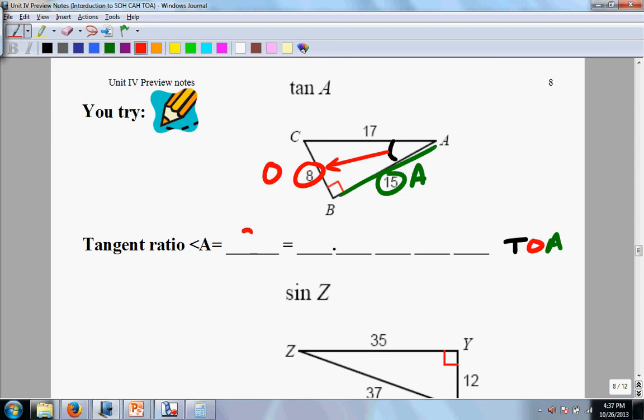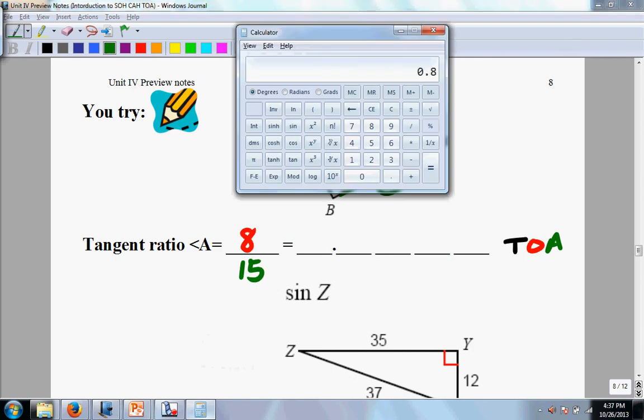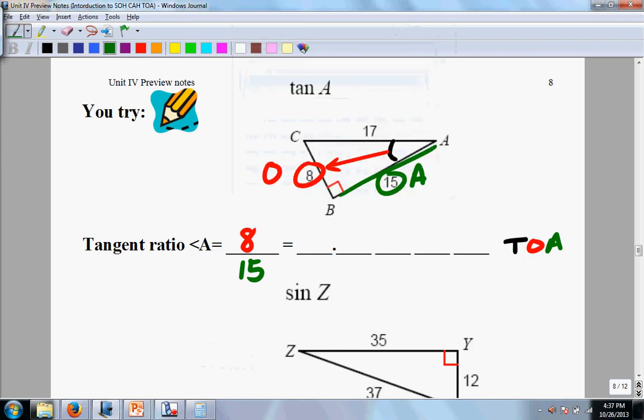So our opposite is 8 over our adjacent, which is 15. Then we do 8 divided by 15, and we get 0.533 repeating. That's called the tangent ratio.